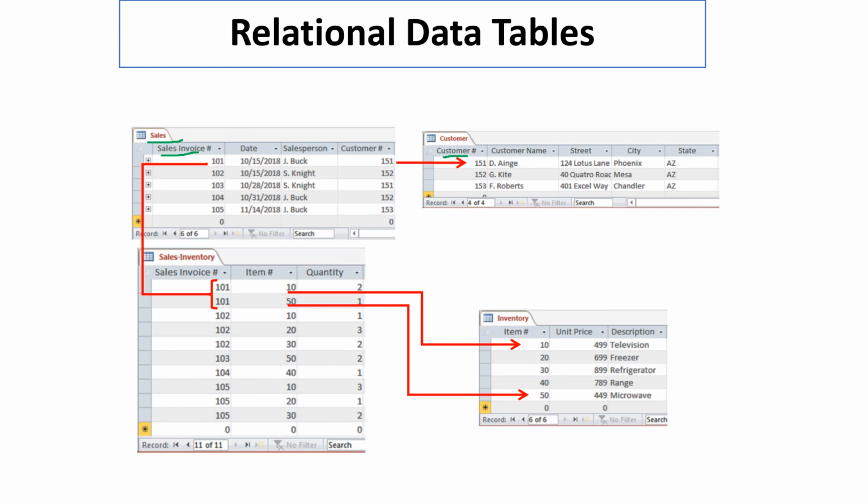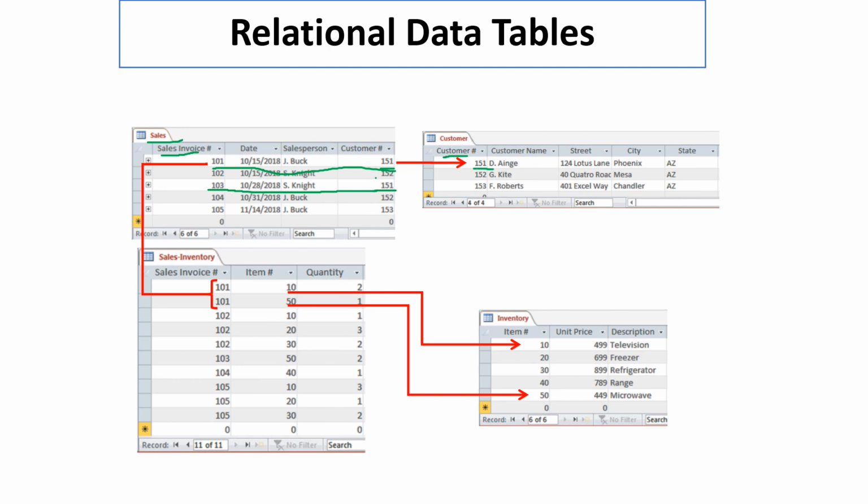In here it's connected to two invoices. If you see here, DNG has two invoices, because this invoice is related to DNG, and this one also. Why do we see that? Because it mentions the same customer number.